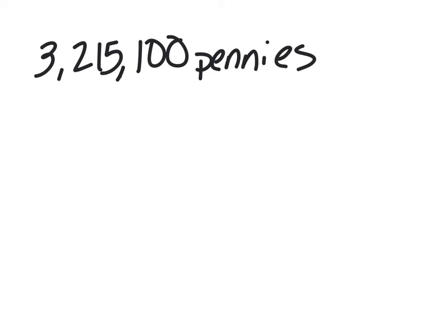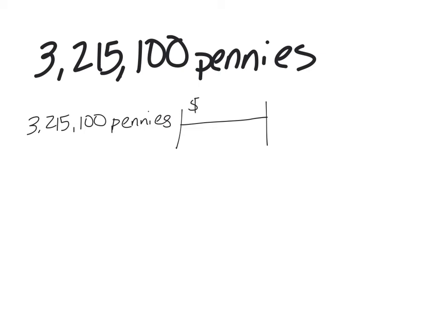Okay, so if I'm going to set up a dimensional analysis, I'm going to do 3,215,100 pennies. I draw my little train tracks. Okay, I want dollars, so I put dollars on top. I've got pennies, so I put pennies on the bottom because I want them to cancel. I know that there are 100 pennies in $1.